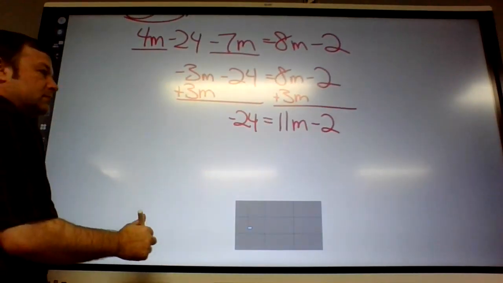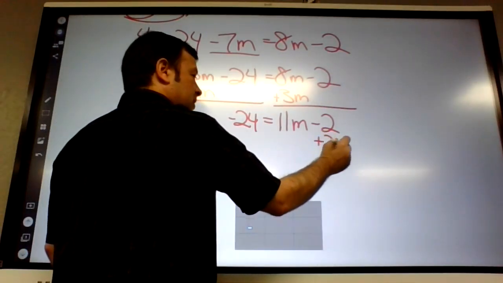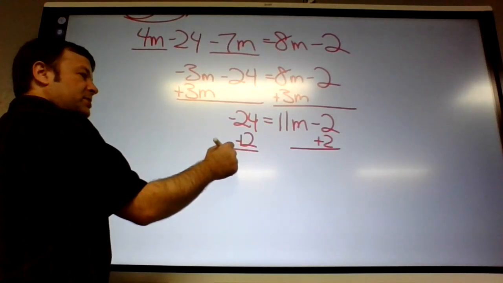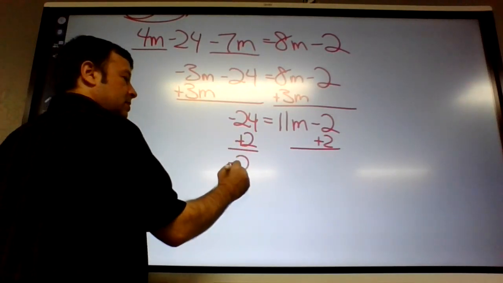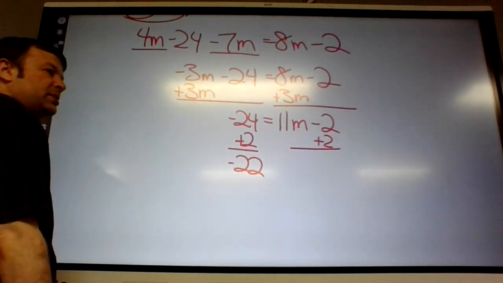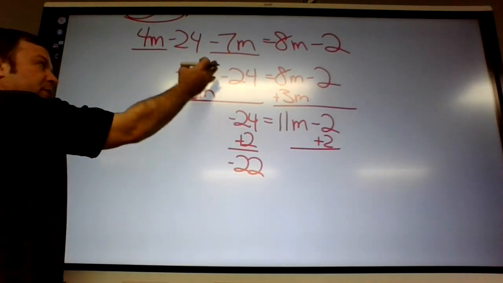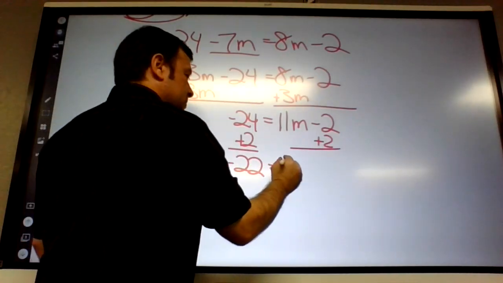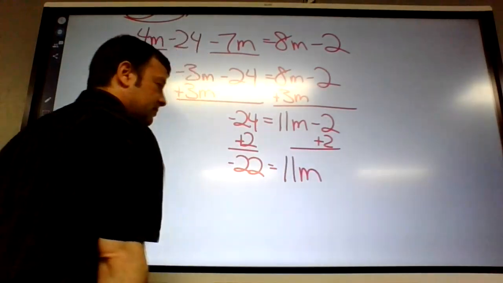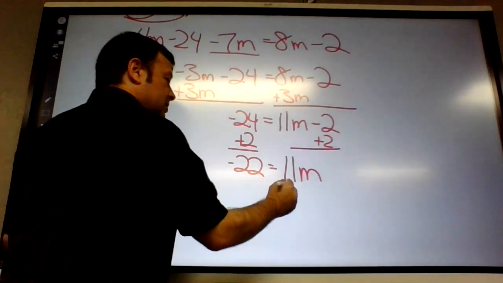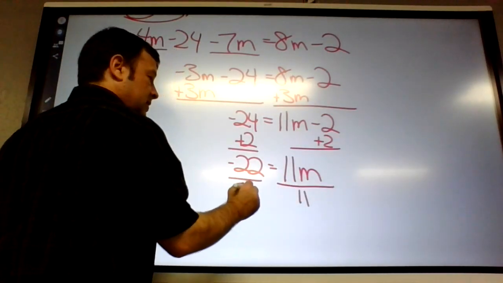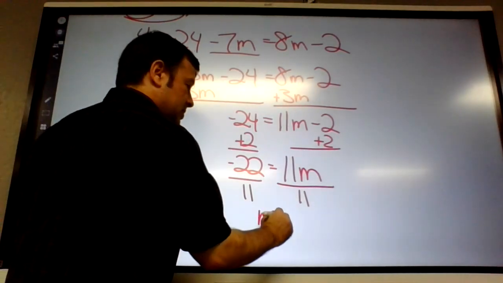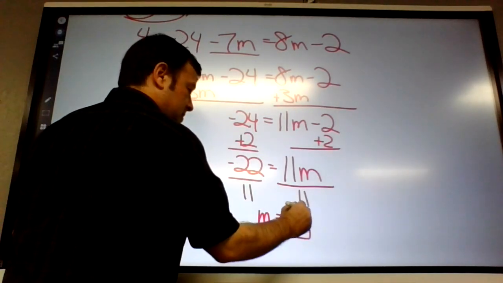And then add 2 to 8. Yeah, kind of going backwards because the m is on the right. Negative 24 plus 2. Negative 22. Think about it on the number line. Negative 24 is way to the left, and if you add 2, you're moving to the right. So, negative 22 divided by 11 is negative 2.